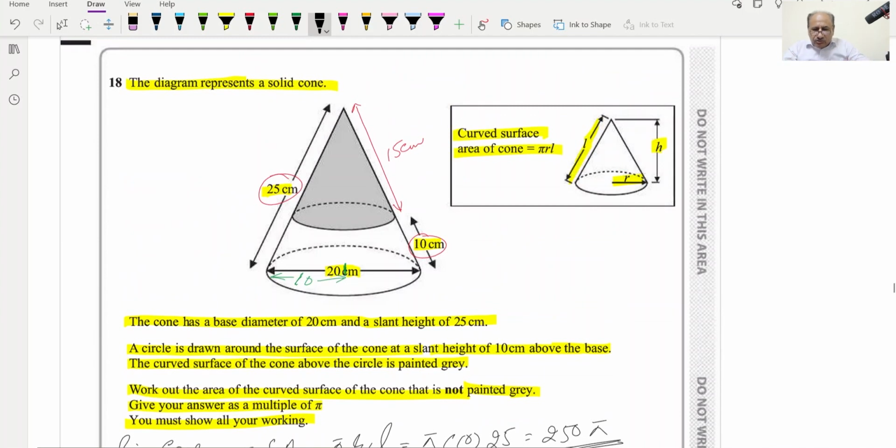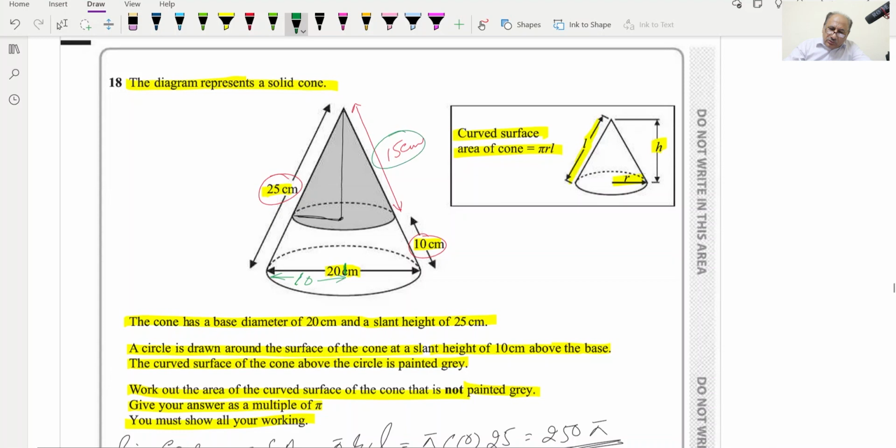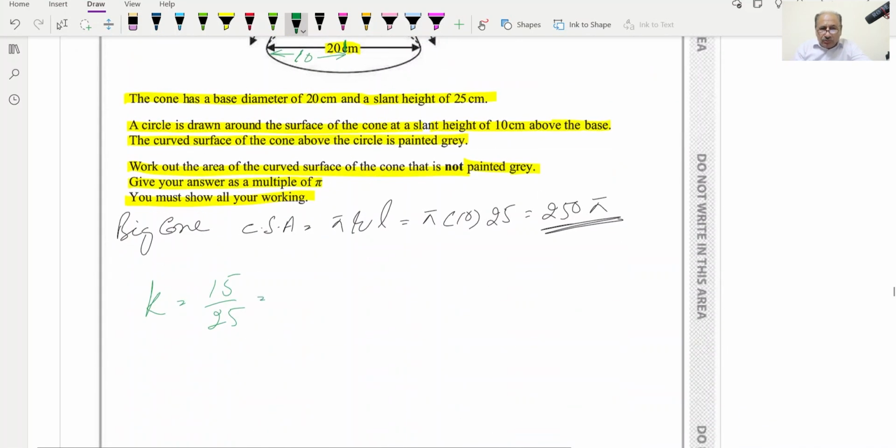Now we can find the radius of the smaller cone, which is required, up to this one, and by ratio we can find, length ratio is provided, which is 25 is to 10. So k value, we will be checking the ratio between these two, will be equal to 15 over 25. 15 is this ratio and 25 is full ratio, and this will be equal to 3 by 5 after simplification.